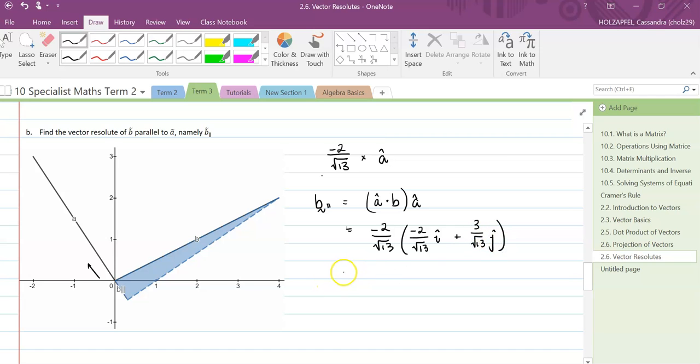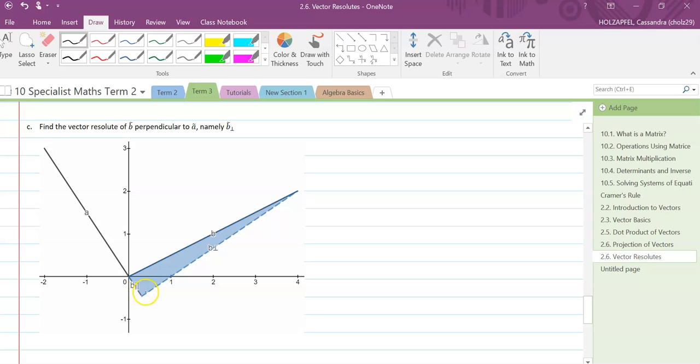So that was from the previous question. So this is going to end up as 4 over 13 i minus 6 over 13 j. So in component form, this does seem to make sense since this is positive x, negative y. So the direction of this vector here is going to be 4 over 13 i minus 6 over 13 j.